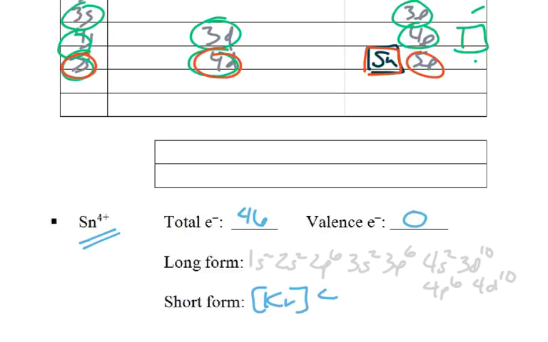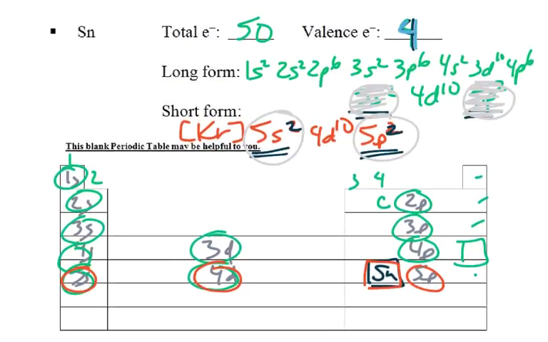And the only thing we have left after krypton is 4d10, because we're taking out the 5s. And that is Sn4+. So again, just notice that if you want to do one of these positive ions, look at the neutral one first, and then go back and get rid of the outermost electrons. They're the ones that go first.